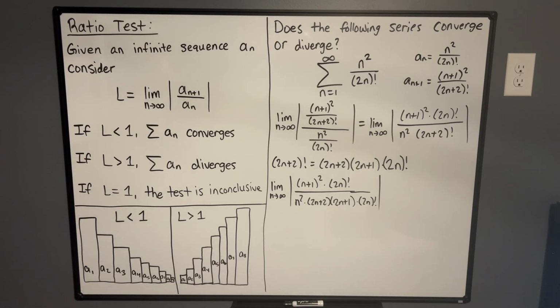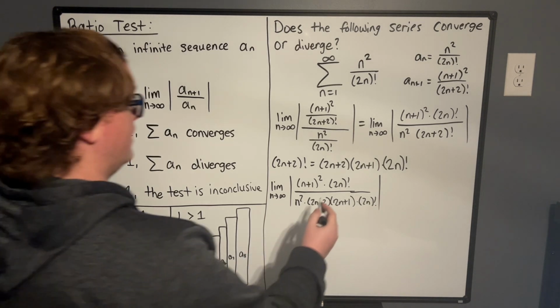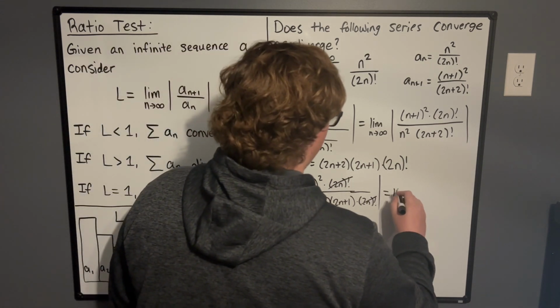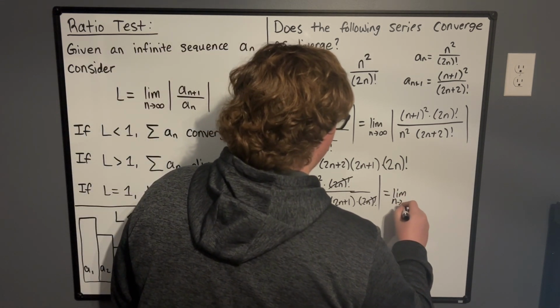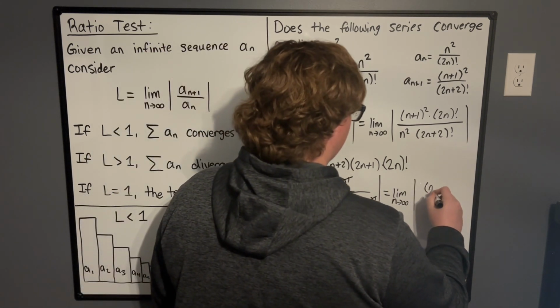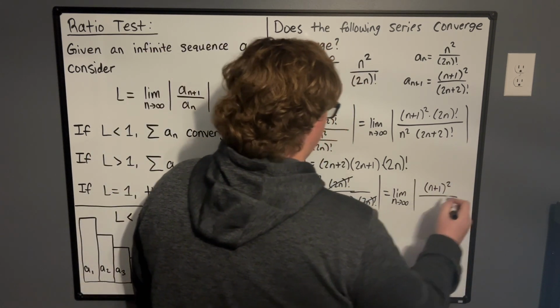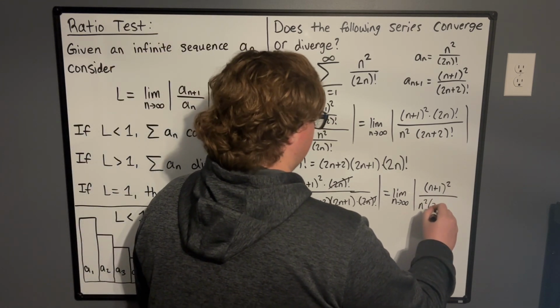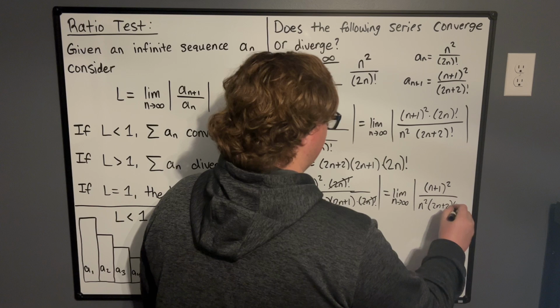Right, so it's a little trickier with this one because of the way that it's set up, but we can still cancel out these 2n factorials, and we just get the limit as n goes to infinity, absolute value. The top is just going to be n plus 1 squared. The bottom is going to be n squared times 2n plus 2 times 2n plus 1.